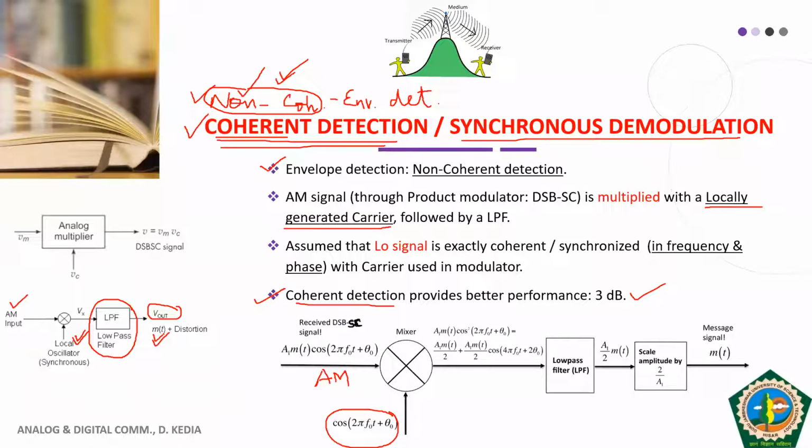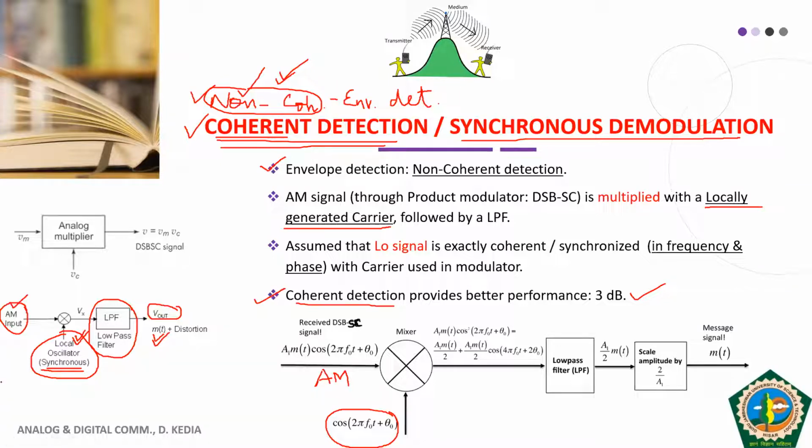This is the concept of coherent detection, where the AM signal is multiplied with a locally generated carrier. This locally generated carrier has to be synchronous, bonded, and matched with the carrier used at the transmitter side.